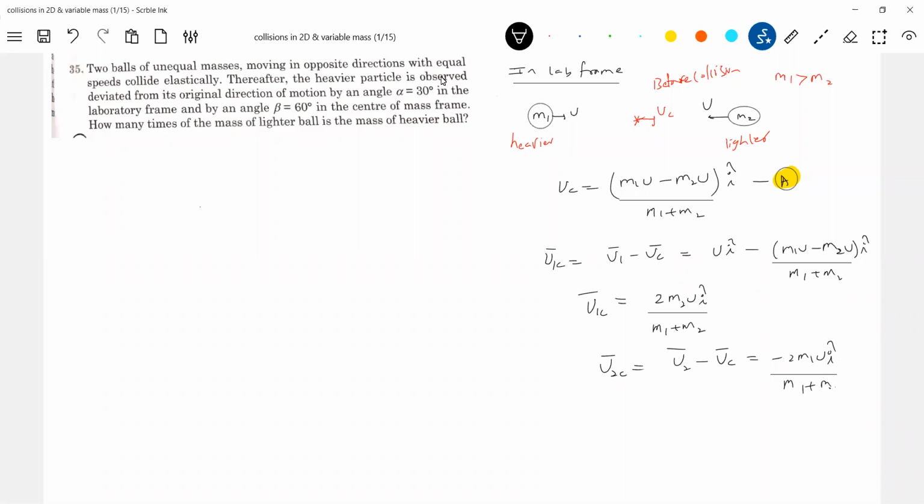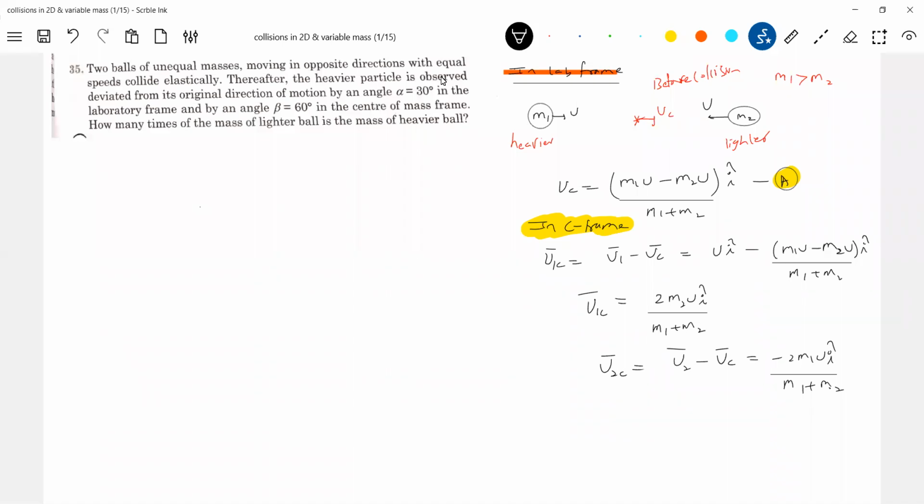Now go back: momentum with respect to the center of mass is always conserved. This is before collision. We are discussing everything before collision. So now in the C frame, how will it appear?